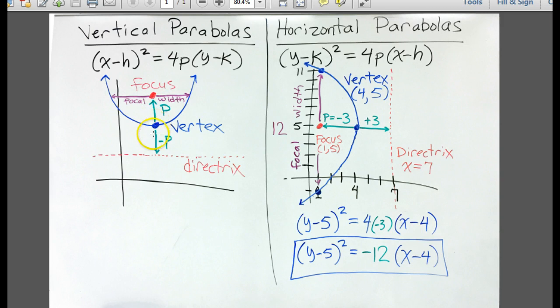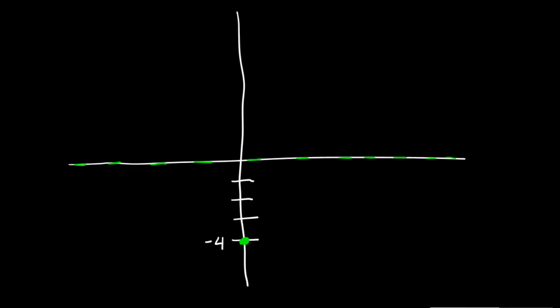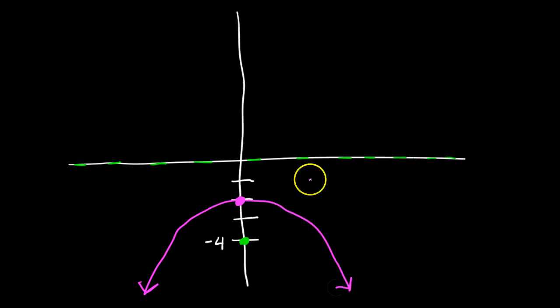If you go from the vertex to the directrix, that's also p, but in the negative direction. So, looking at our diagram, the vertex of this parabola should be halfway between these 2 things. So that means, of course, that the vertex should be right here. We also know that this parabola will be facing down because it has to be facing away from the directrix.